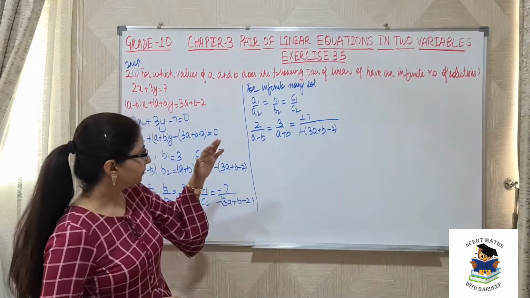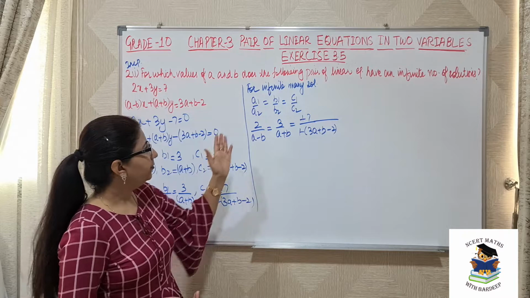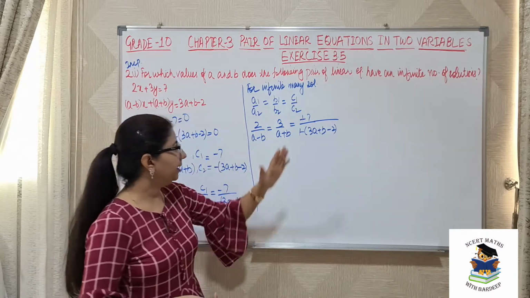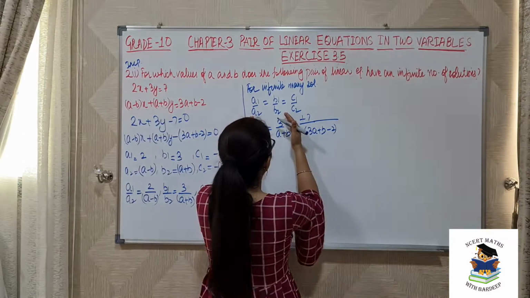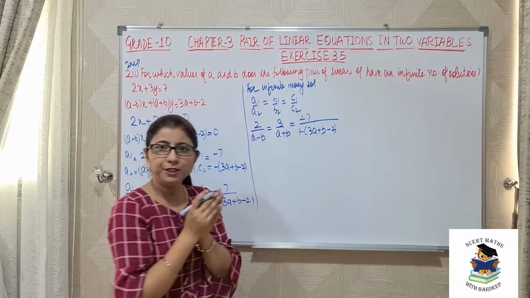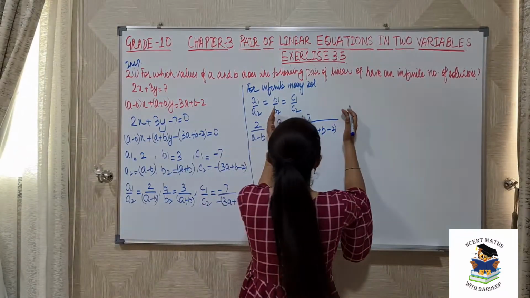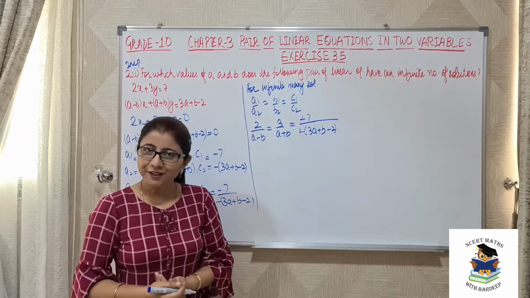If you want to know how to solve this, again, since we have three different terms having a plus b or a minus b, we will take the first two terms to frame one equation in a and b, and then take the second and third to frame a second equation in a and b, and then we will solve them.